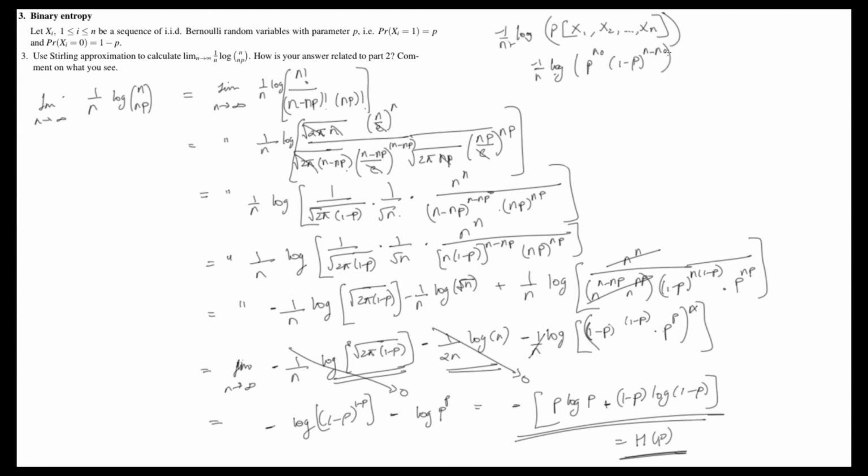So this, when you pull the n inside, divided by n. These fractions themselves go closer and closer to the actual fractions p and 1 minus p. So what is this actually with the 1 over n outside?